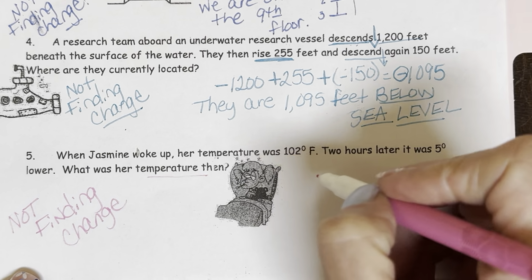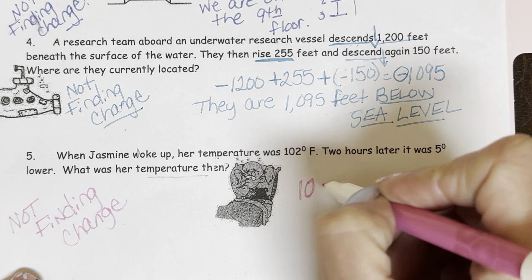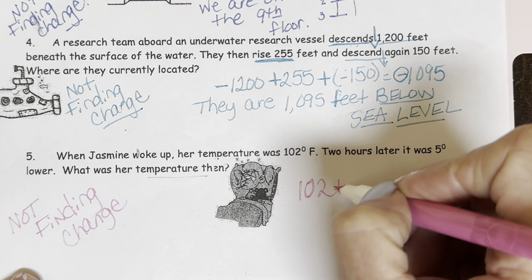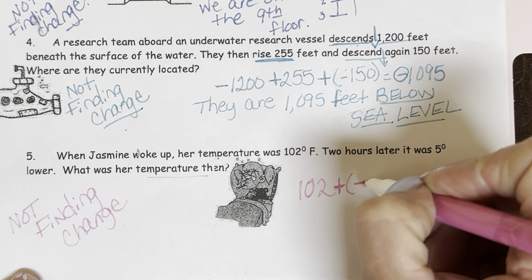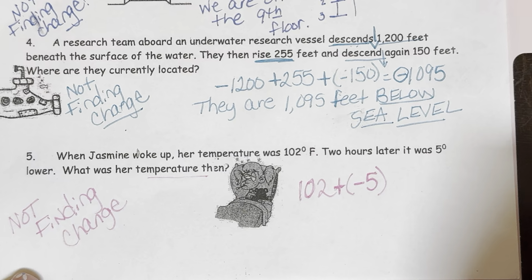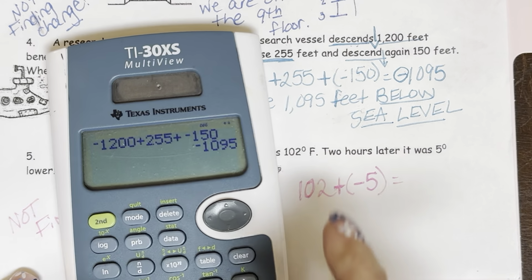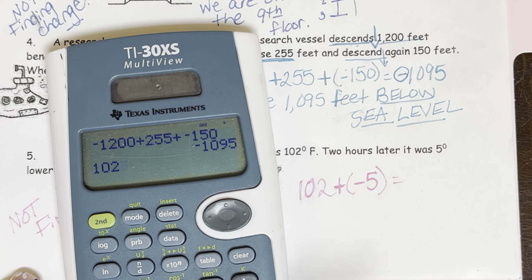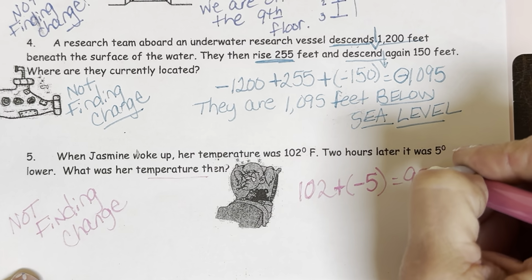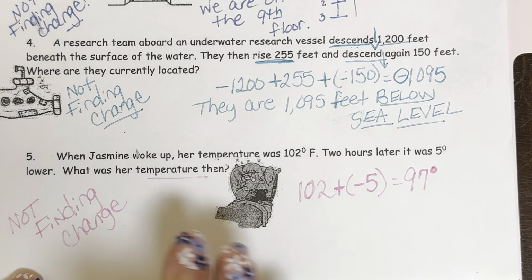So her temperature was 102, and it went down 5 degrees. So what is her temperature now? Well, that one's kind of easy. Her temperature now is 97 degrees. So she should start to be feeling better, huh?